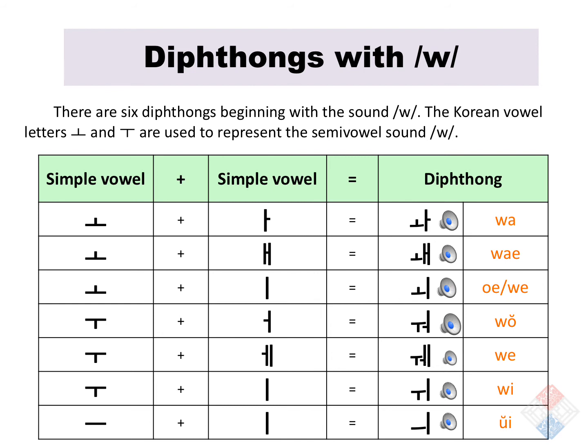U and e together, we, very similar to the French oui. U and i together, ui, which is kind of hard to pronounce. A lot of Koreans in fast speech just say it differently, but the proper pronunciation is ui in slow speech.